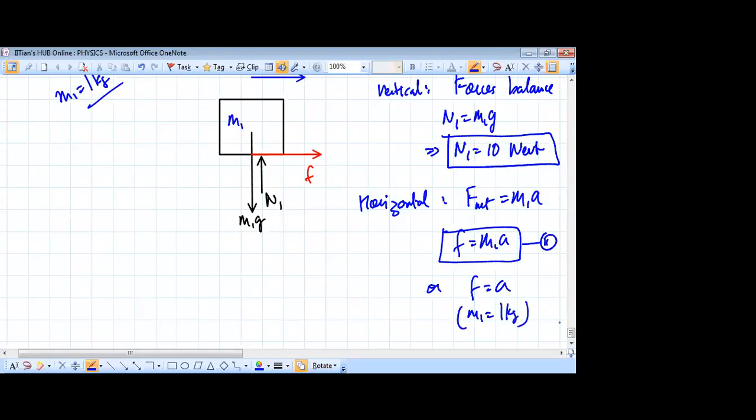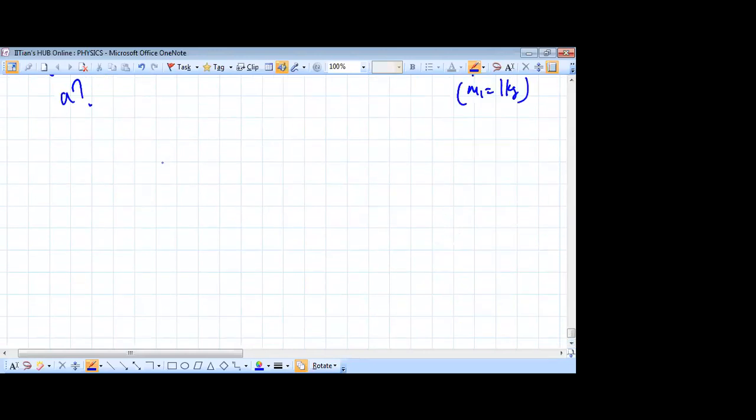So now that we have got our 2 equations, we are in a position to solve them and find out the 2 unknowns. What are the unknown quantities for us? Friction and acceleration. So we have equations 1 and 2. From above, equation 1 is F minus friction equal to M2 a, or numerically that was becoming 2 minus F is equal to 4a.